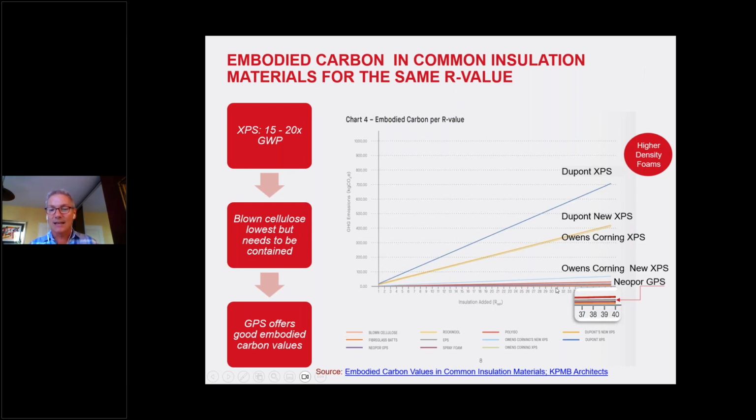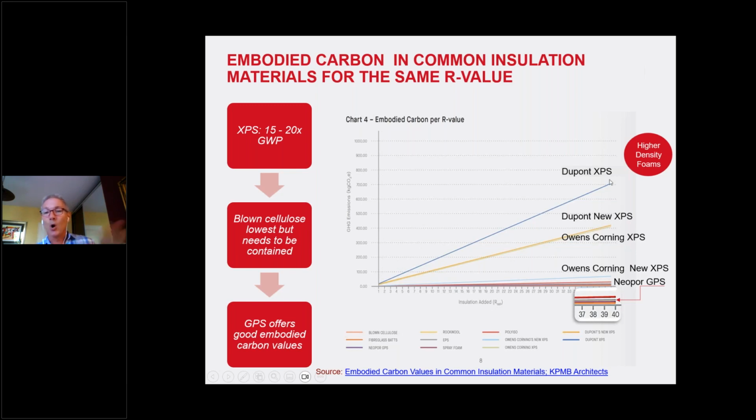I want an insulated R value of 30, and what would be the total embodied energy for a solution of R30 on my wall or my slab or my roof? So you can see a whole bunch of the lines are clustered here together, all way below 100, maybe even below 50 kilograms of carbon for that 1 meter by 1 meter squared installed, versus these taller ones, which are like extruded polystyrene from various different companies.